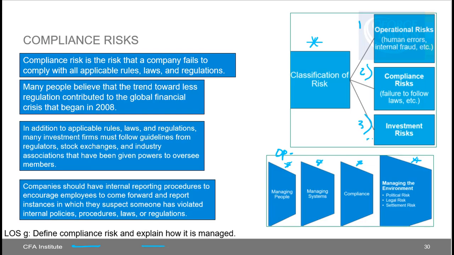Companies should have internal reporting procedures to encourage employees to come forward and report instances in which they suspect someone has violated internal policies, procedures, laws, or regulations. This process is called whistleblowing and has become an important way for authorities to learn of violations. Provisions to protect and reward whistleblowers have been strengthened in the wake of financial scandals.